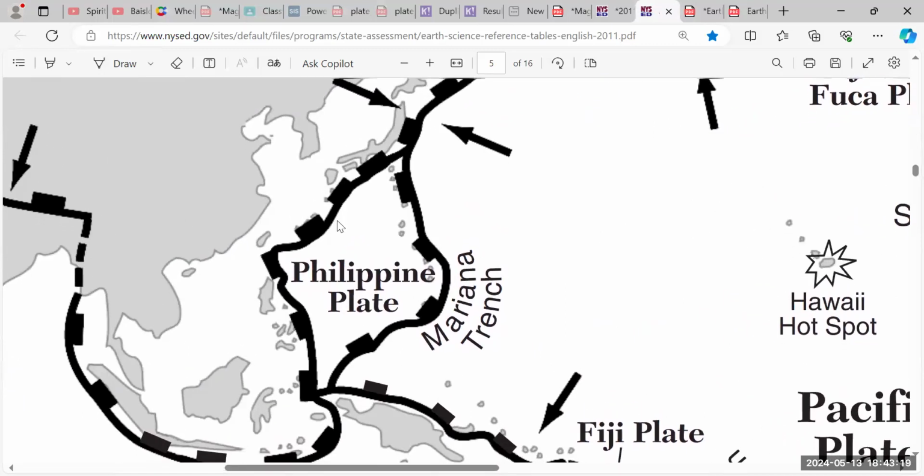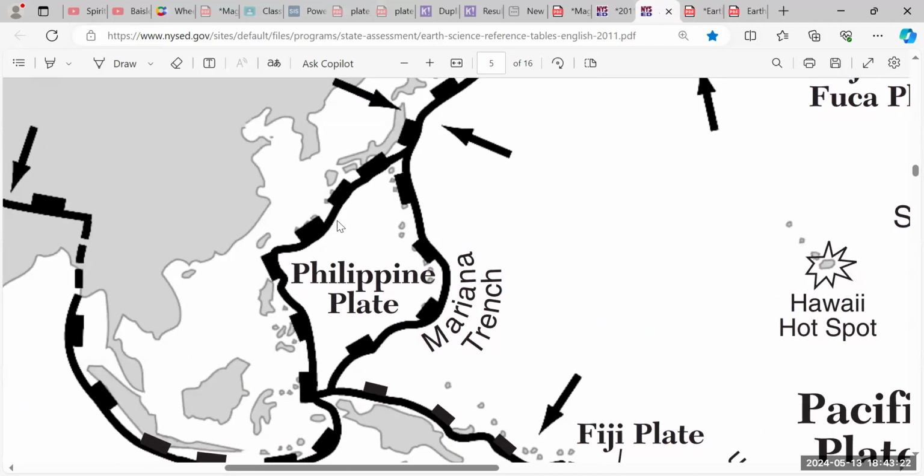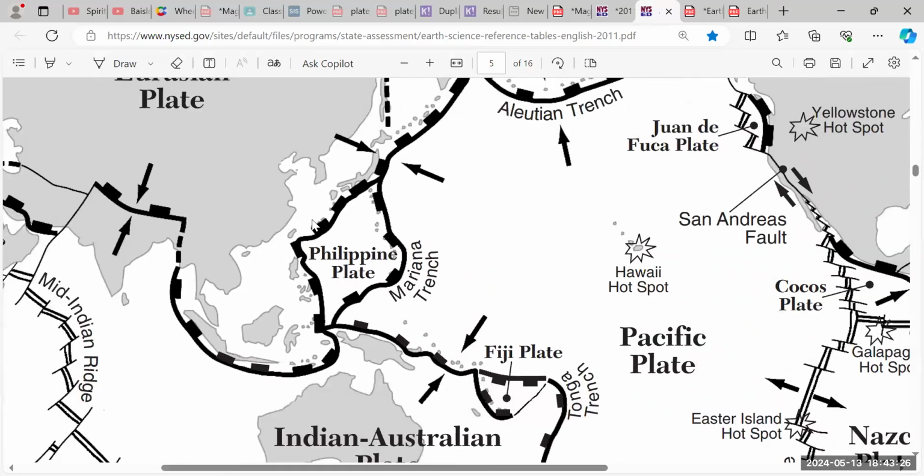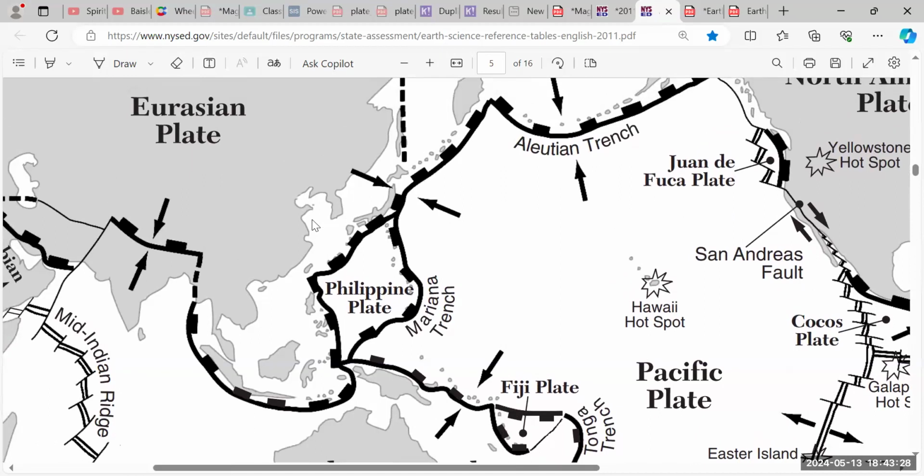But you know what I also see that's very interesting? I don't see the China plate. Now, you may know, okay, hey, the China plate must be associated with the Eurasian plate, so it must be somewhere in this area over here. But let's say that you didn't even know that.